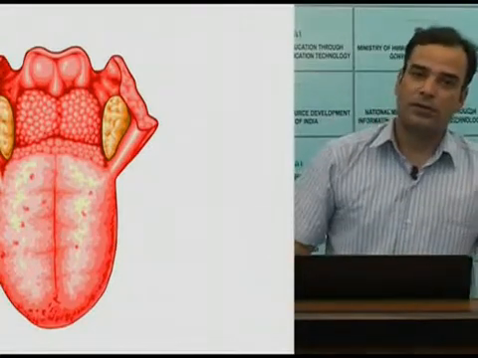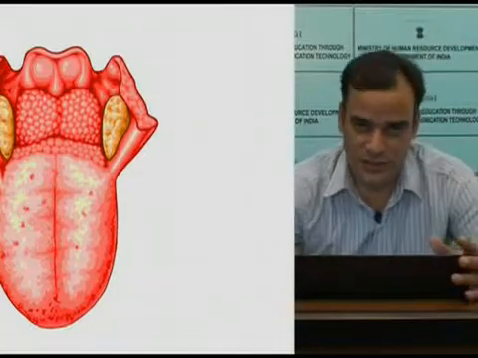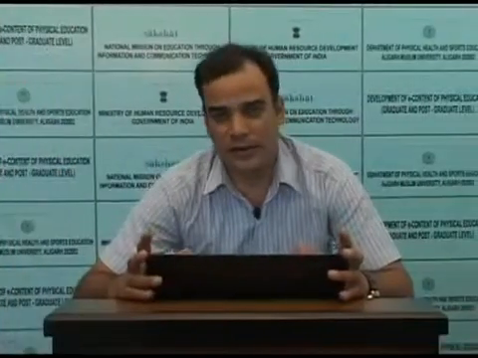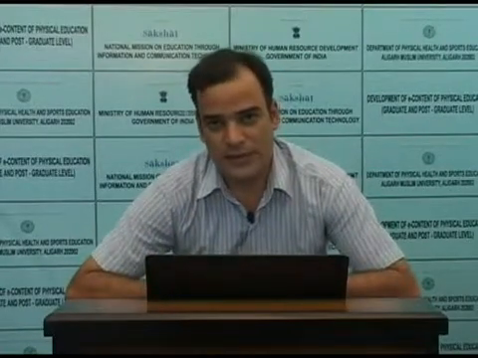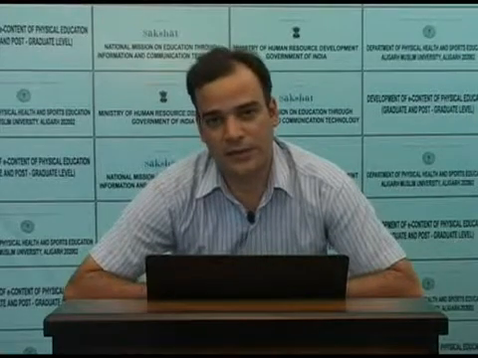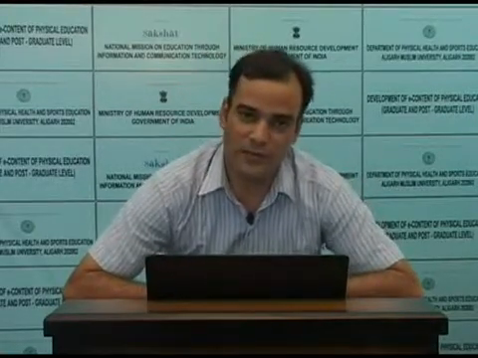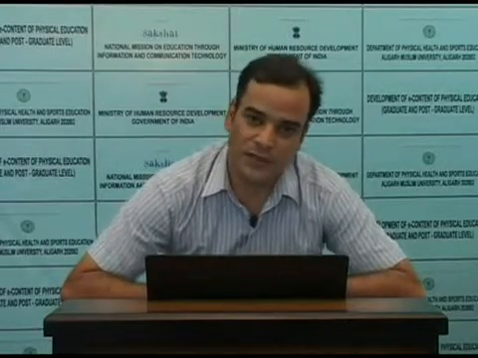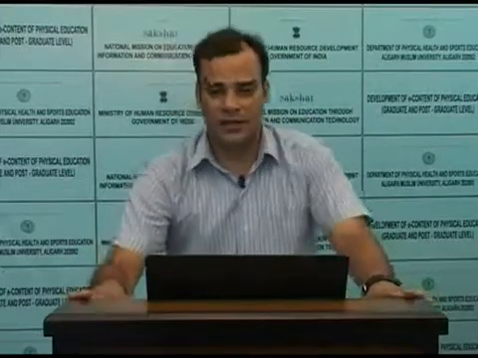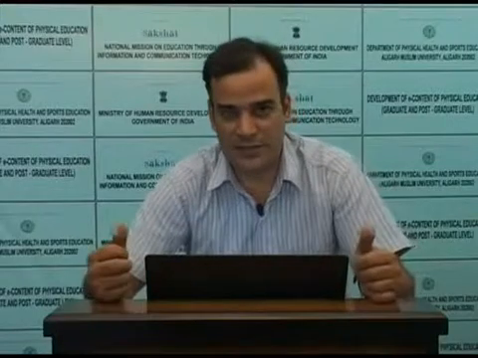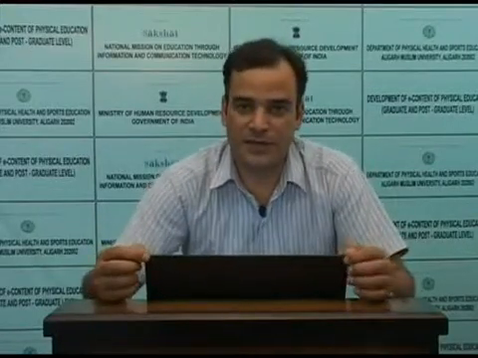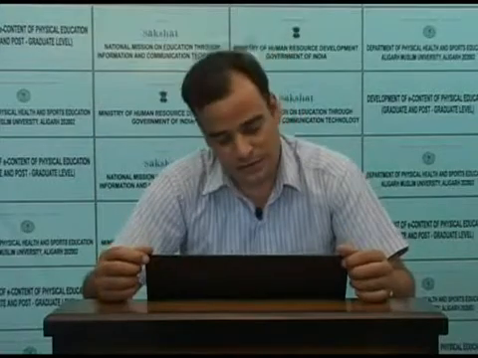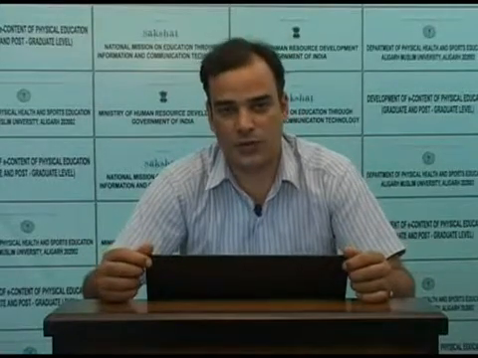So, the tongue, which is a muscular structure comprising voluntary muscles, is very mobile, but at the same time anchored to the hyoid bone, mandible and soft palate. It is 3 inches long and has a mucous membrane covering which appears rough because of the papillae. These papillae are of 3 types: circumvallate, the largest papillae, which are arranged in an inverted V shape and in number are 8 to 12.